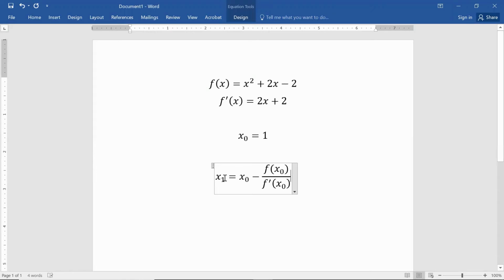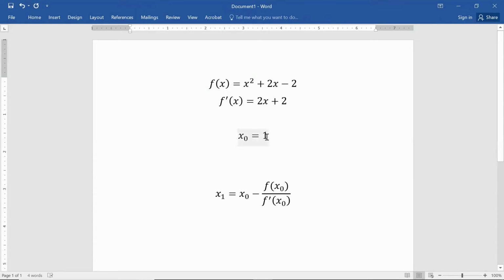I kind of skipped a step here. I should have checked just to make sure that 1 didn't work. I did that in my head, but I didn't write that down. So if I plug 1 into the function, you end up with a 1.